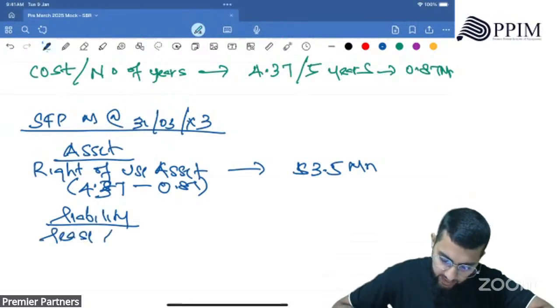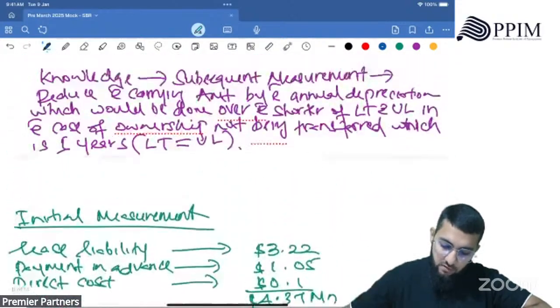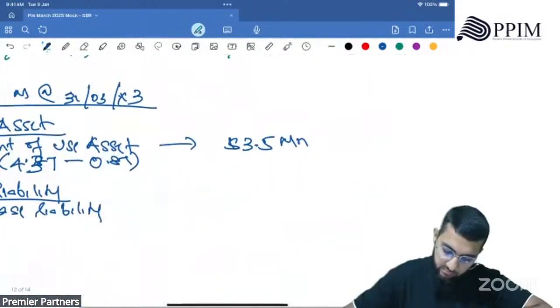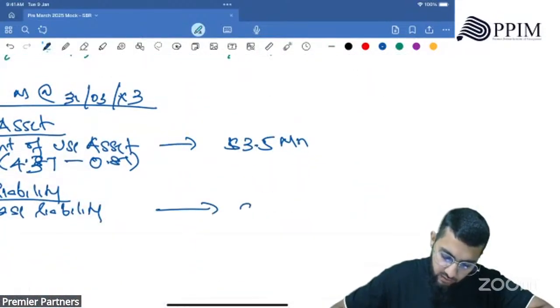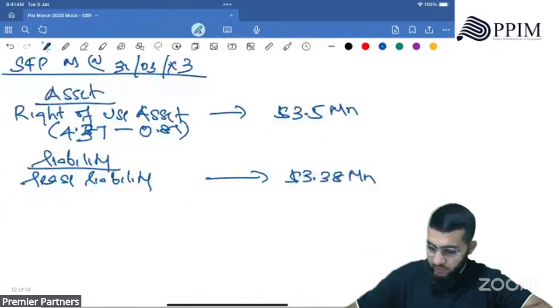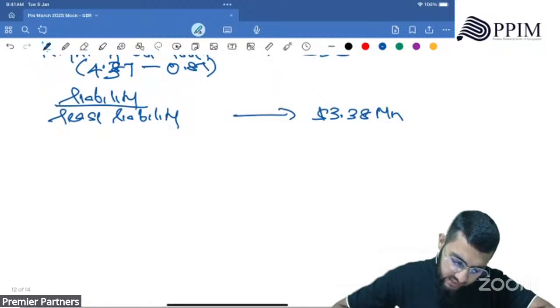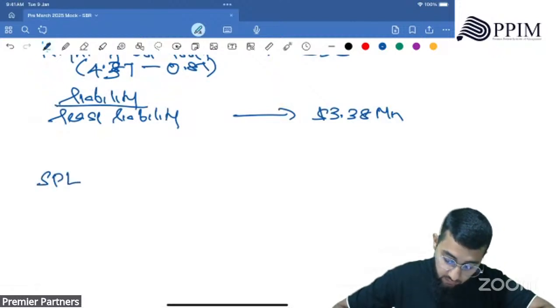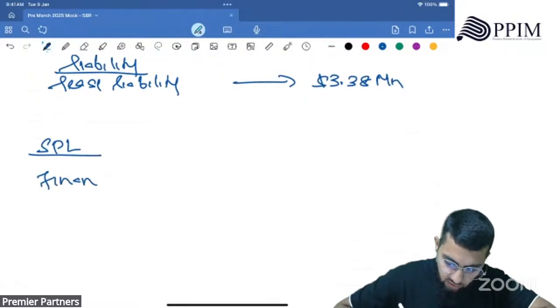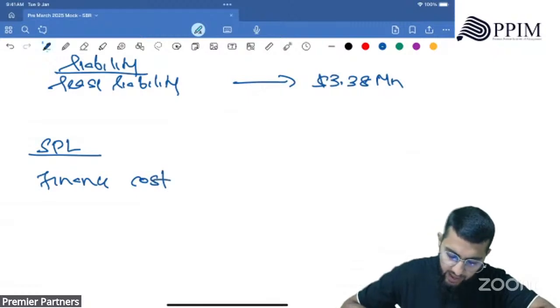Lease liability at the end of the period, we have done the amortized cost table, 3.38 million. Okay. And then the SPL. Right. SPL, we will be showing finance cost and depreciation for the year.